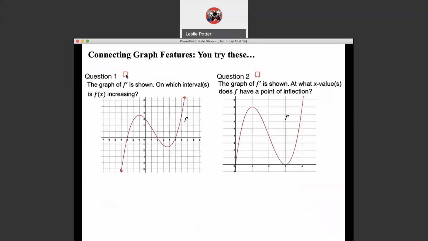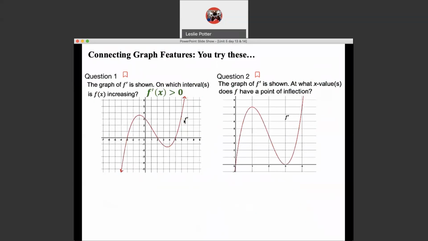Okay, so if you resume the video, I've assumed you've tried these. Question 1 says the graph of the first derivative is shown. On which intervals is the function increasing? We know that an increasing function means the first derivative is greater than 0, is positive.